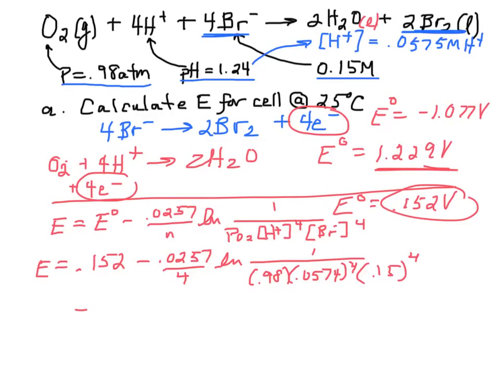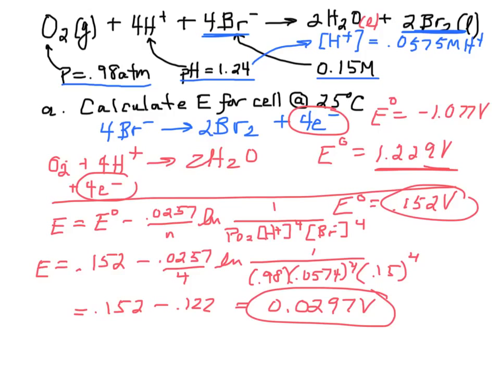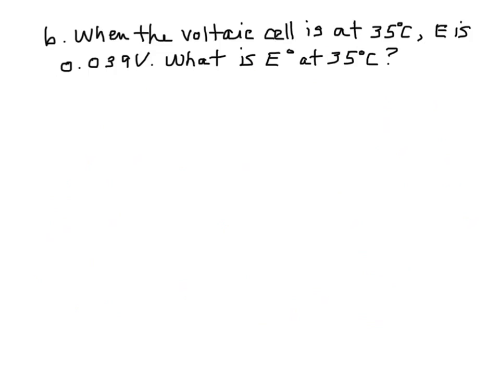And this equals 0.152 minus 0.122, or 0.0297 volts. So the standard voltage was 0.152, and the voltage at our non-standard conditions is 0.0297. So with these particular conditions, our reaction has become less spontaneous. It's less positive.